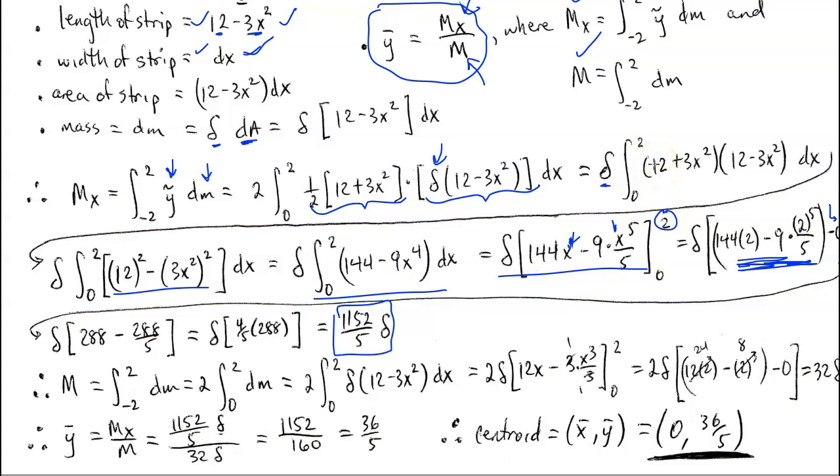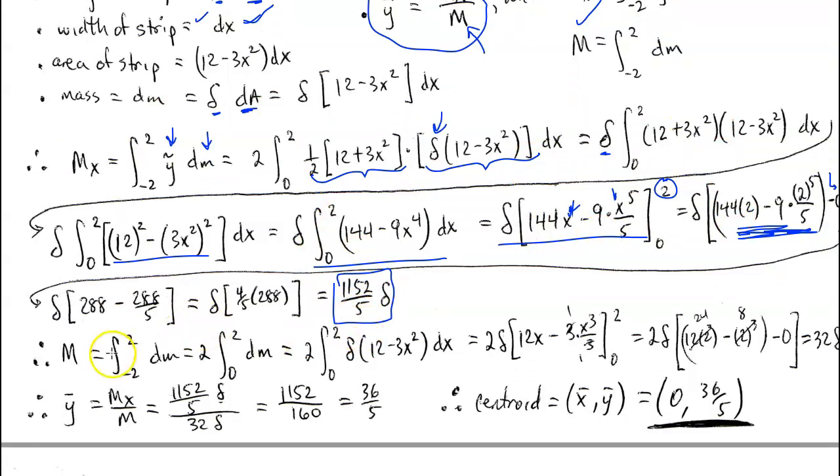Now for the system mass, again, all we do is take what dm was, which was all of this business here. Because remember, dm was all of this. And we just plop that in, factor out our constants, and then take the antiderivative of what's left.